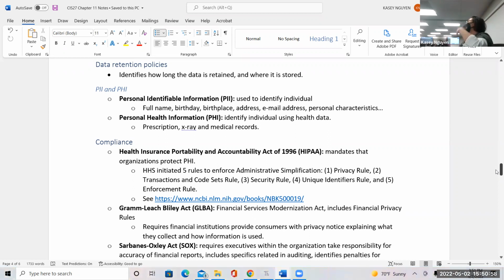So that means that they have healthcare information. Personal identifiable information, those are your personal things like your email address, your social security number, birthplace, etc. And then your PHI is related to your healthcare: prescription, x-ray, medical records, dental x-ray, diagnosis, history of your ailments, whatever.